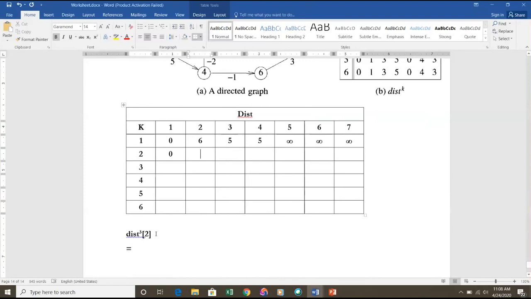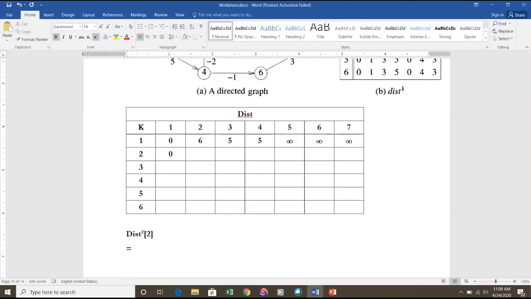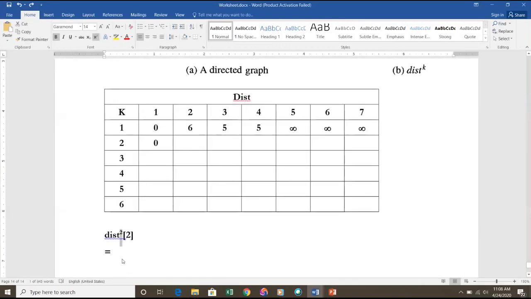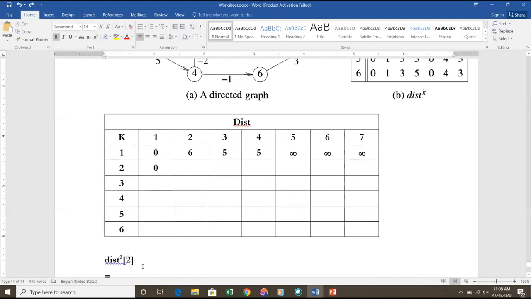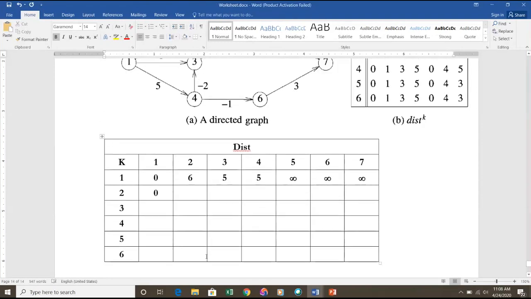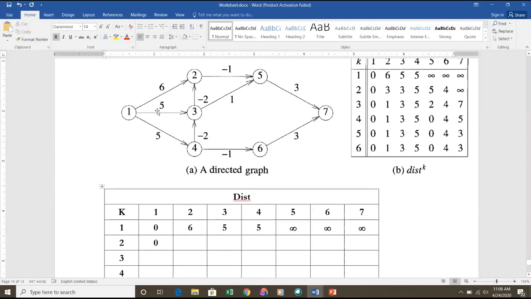Let us write the equation. Now we are considering k equal to 2, therefore you write dist of 2 comma 2. In dist of 2 comma 2, the first 2 gives the value of k, and the second 2 is the vertex name. It is min of the value of the distance of 2 in the previous step, which is 6. You should consider that, 6 comma, and then the vertices that have incoming edges, from 1 and 3. Let us take 1.